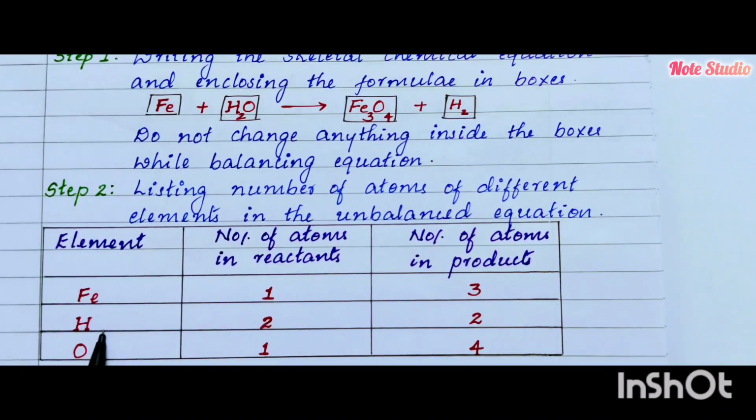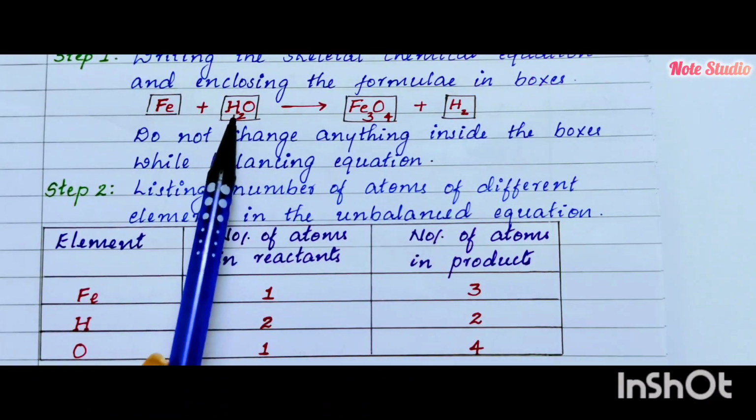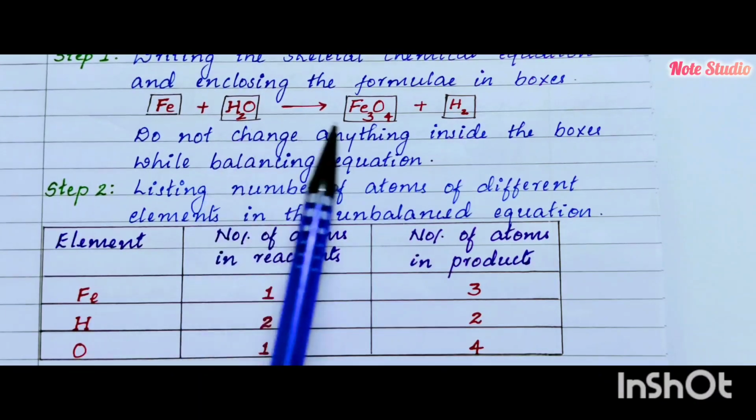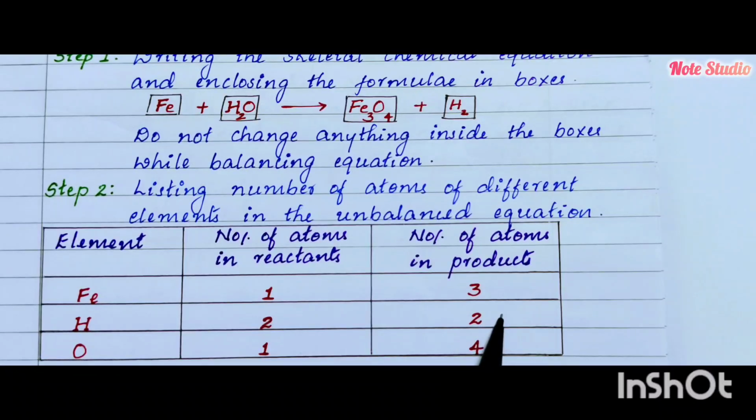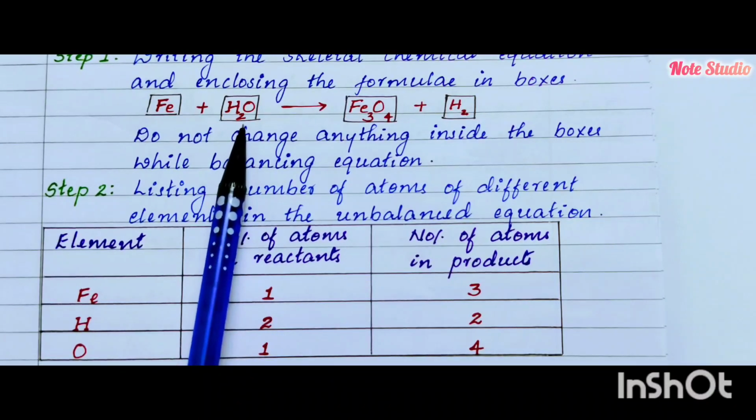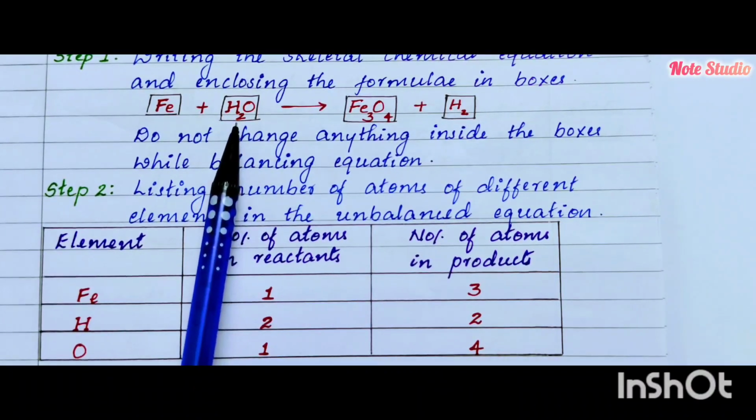Next, hydrogen. In the reactant side 2 hydrogen, product side 2 hydrogen. See, hydrogen is balanced. It is already present in the same number on both sides. Now let us see the oxygen. Is it balanced or not? In the reactant side, how many oxygen atoms are present?